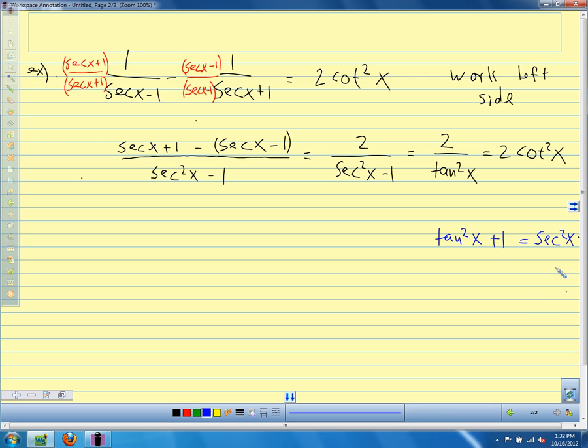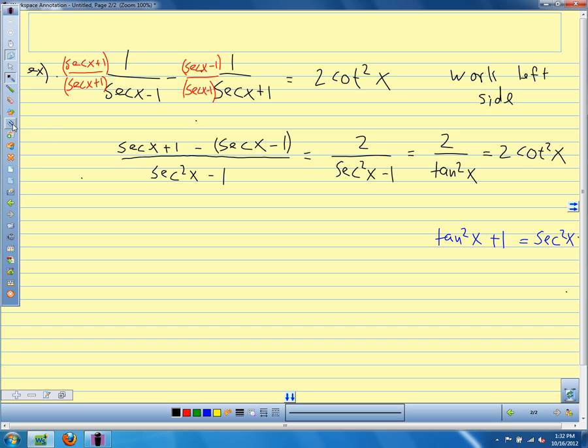And if I subtract 1 from both sides, then I end up with that. Okay? So anytime you see a trig function squared and a plus or minus 1, that should be a hint that maybe it has something to do with the Pythagorean identity. So this one, even though we had to get this common denominator, this one wasn't too bad. Any other questions on that one?